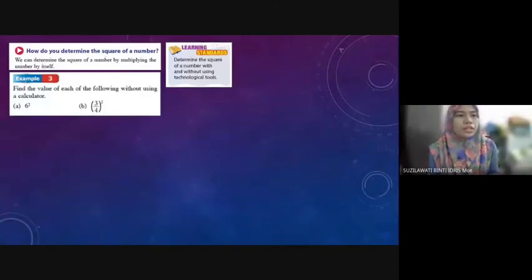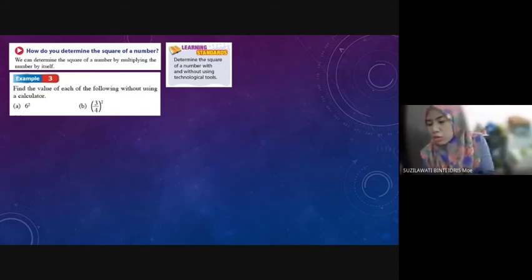Example 3, find the value of each of the following without using a calculator. Without. Please don't use the calculator yet. Okay, question A is 6 square.